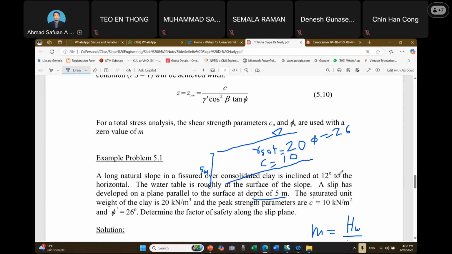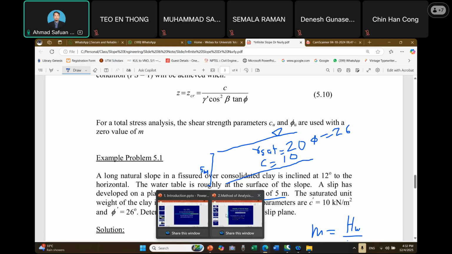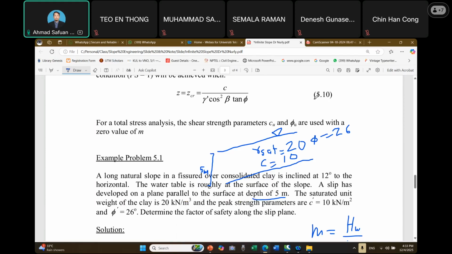So now we look at the simplified equation. We will go for the EC7 after this. Let me show you the conventional method first.